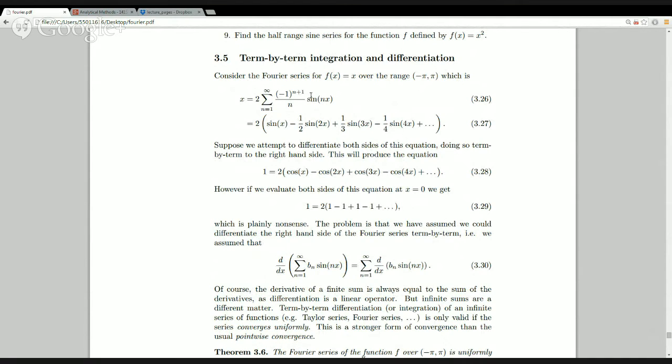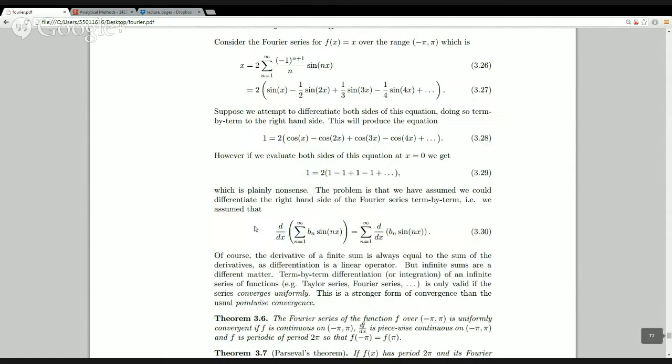So there's a problem with that. That isn't actually a valid operation. So here in equation 3.3 is what we supposed we were able to do: the derivative of the infinite series was the infinite series of the individual derivatives.